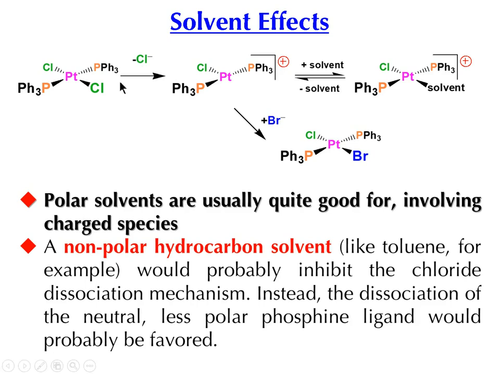In case we use in this reaction a non-polar hydrocarbon solvent, Cl- could not dissociate since Cl- would not be soluble in the medium, which is non-polar. So in this case, instead of releasing the Cl- ligand, the platinum complex should release the triphenylphosphine ligand.